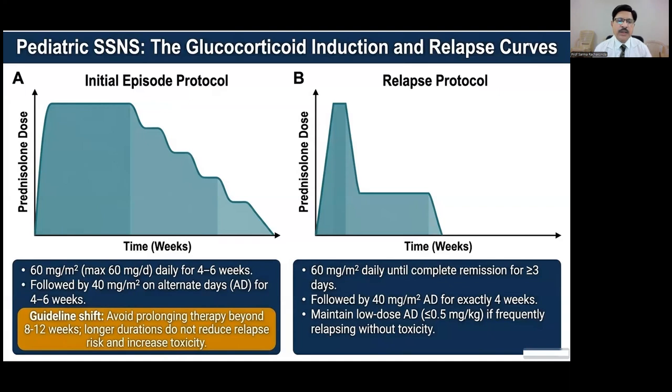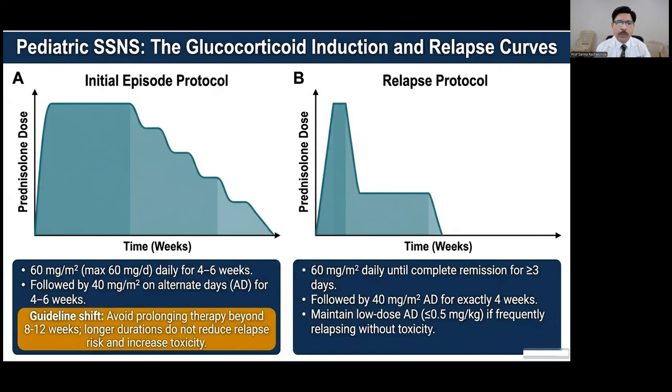How much do I give? 60 milligrams per meter square of prednisone, maximum of 60 milligrams per day, daily for 4 to 6 weeks. In case of adults, up to 16 weeks you can try. Followed by, first 4 to 6 weeks you give 60 mg. Then you are bringing down the steroid. You can see the tapering there, 40 mg per meter square on alternate days for 4 to 6 weeks.